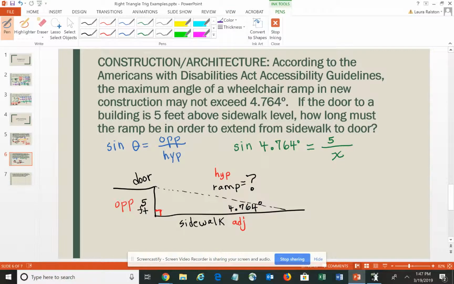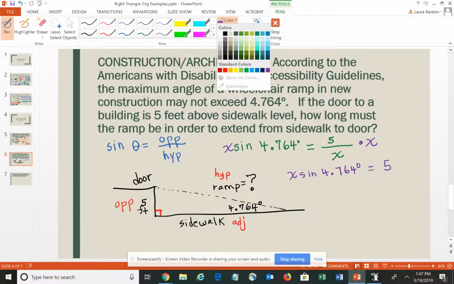Now, it's a little bit more involved, but it's good old basic algebra. I want to eliminate the fraction first off, so I'm going to multiply both sides by x. So I have x times the sine of 4.764 degrees equals 5. And again, remember, I'm trying to isolate the x.